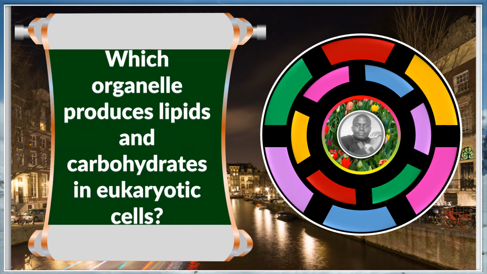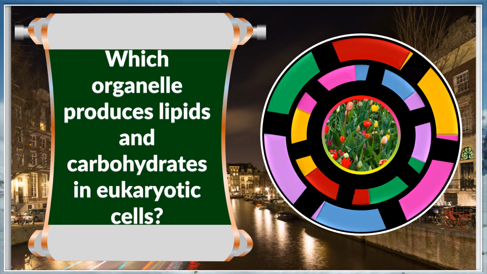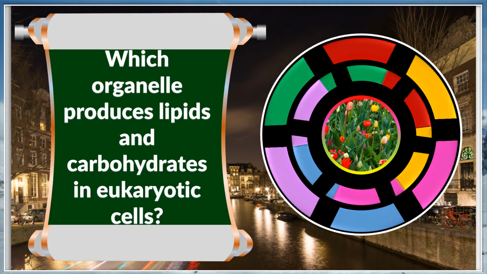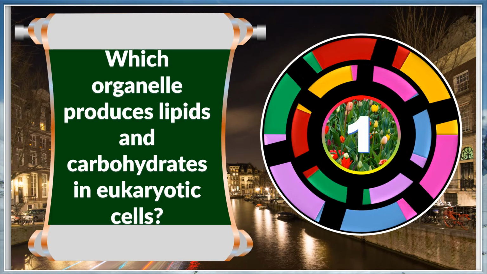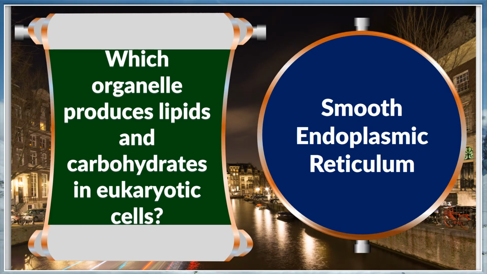Which organelles produce lipids and carbohydrates in eukaryotic cells? Smooth endoplasmic reticulum.